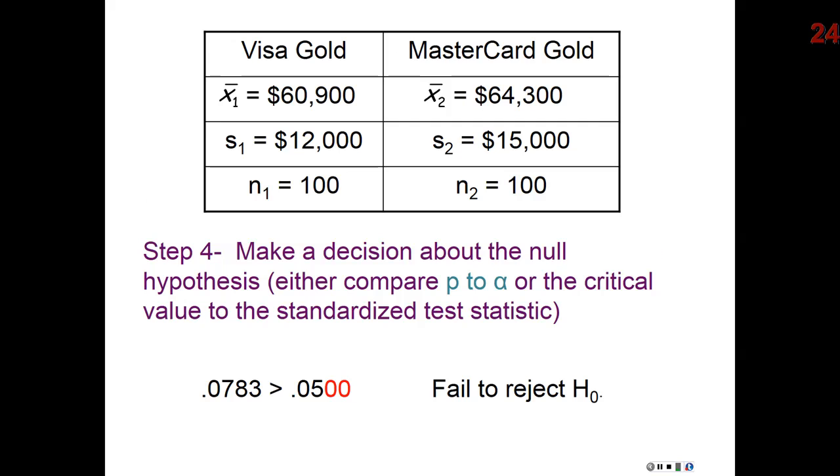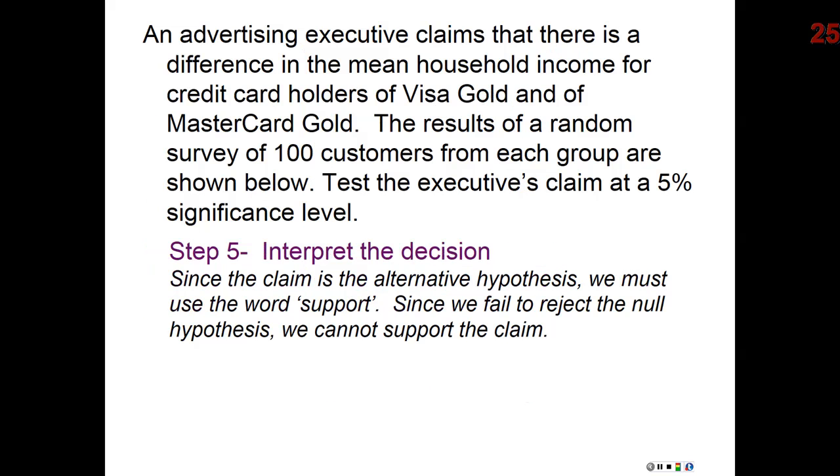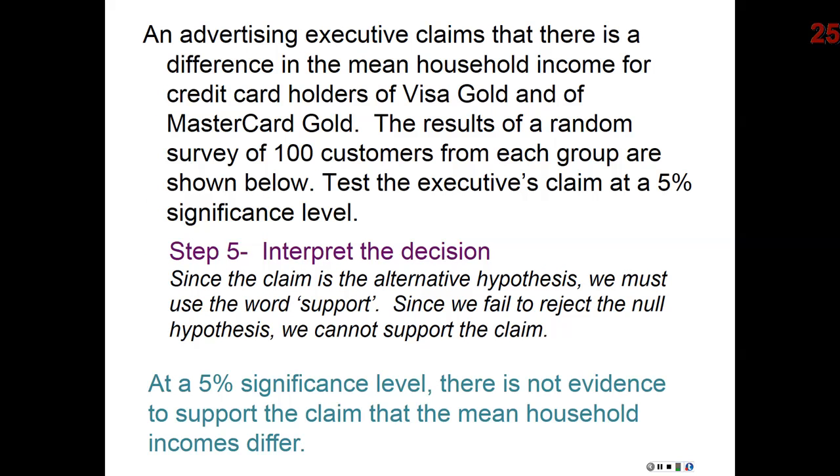What was your alternative? They claim. Right, but what was your alternative? What's the claim on the alternative? Not equal. They're not equal, so I do not have enough evidence to support the claim. So that's how we do that one.